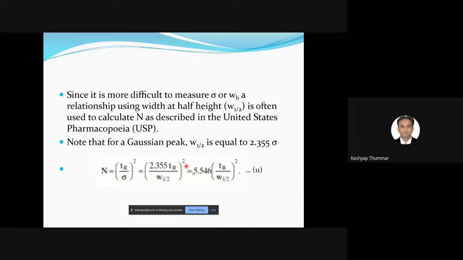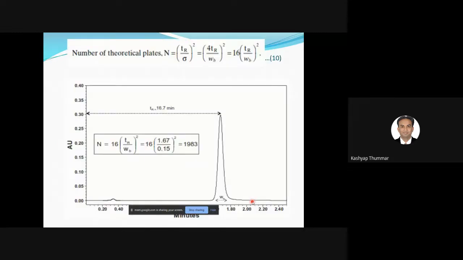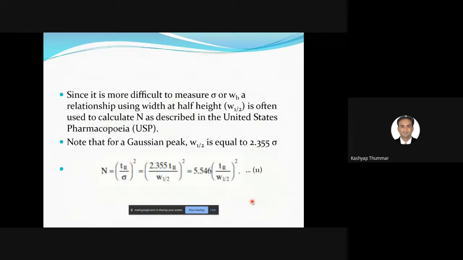Okay, and once you come out with this equation, 5.546 into bracket (TR upon WB 1/2) squared, it is the equation as per the USP. This is the equation as per the other pharmacopoeia, and this is equation number 10. This is the equation for the other pharmacopoeia, and equation number 11 is as per the USP pharmacopoeia.